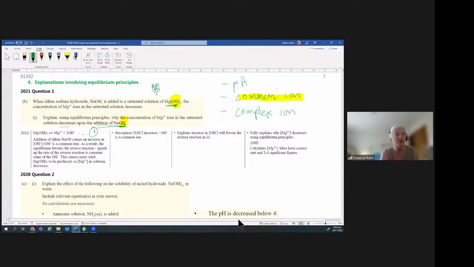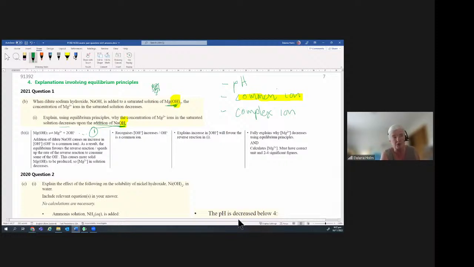So when you are explaining, you don't have to keep on writing out the explanation, because what is a common thing over here is people say, if you add hydroxide, then the equilibrium position will shift to the left, and I'm going, what equilibrium? You haven't told me what equation you're talking about. So always say addition.